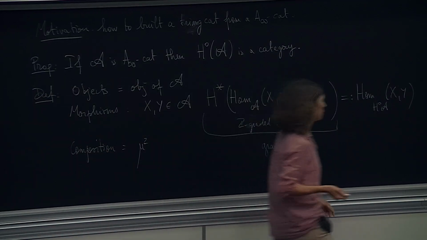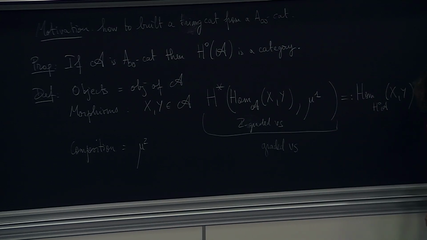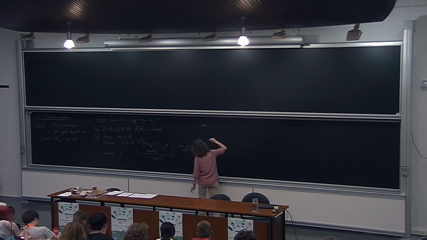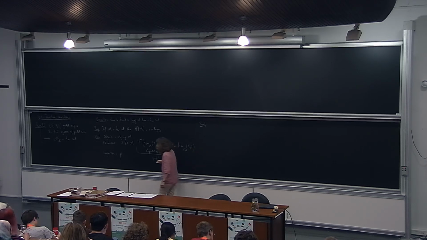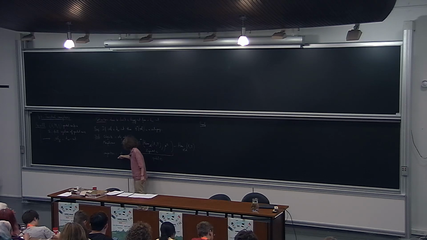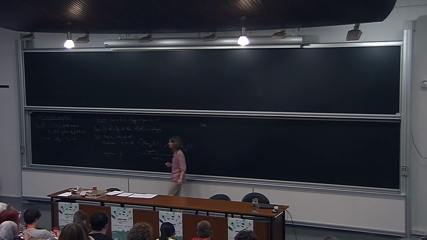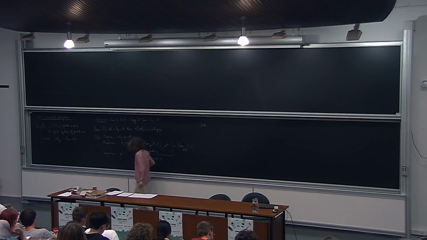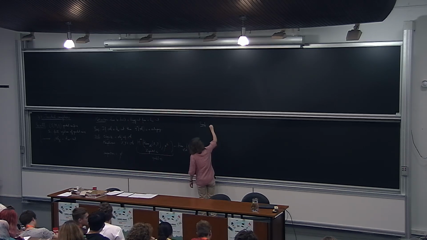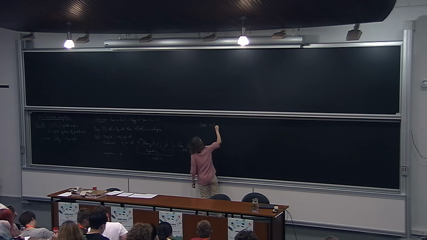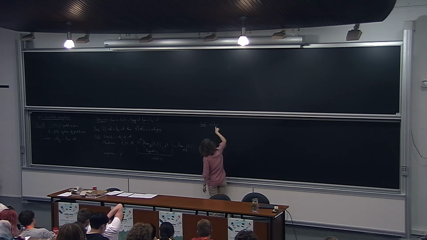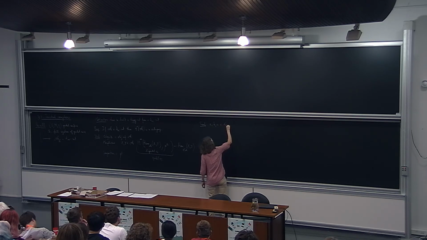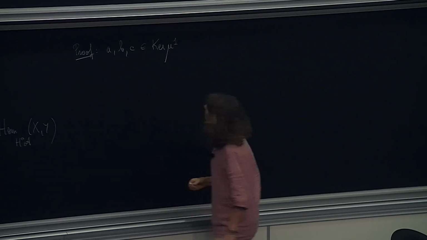And so the proof, well, I just give you a hint of the proof. You need to prove that this composition is well defined on cohomology classes, and that this composition is associative. So the idea is that if you have three cohomology classes, they then live in the kernel of mu1.